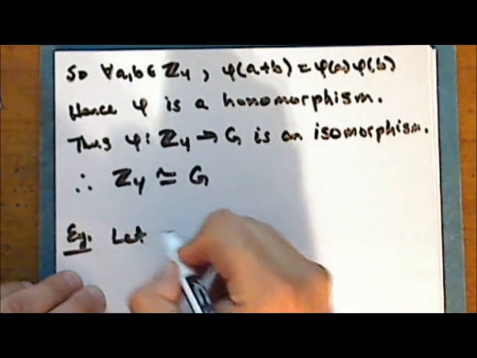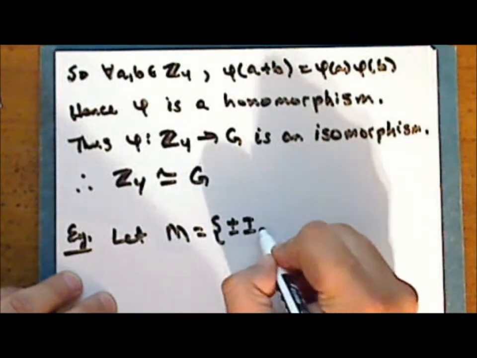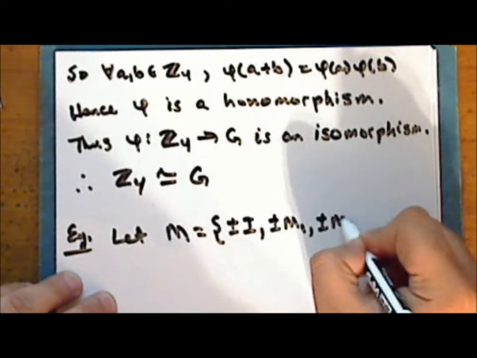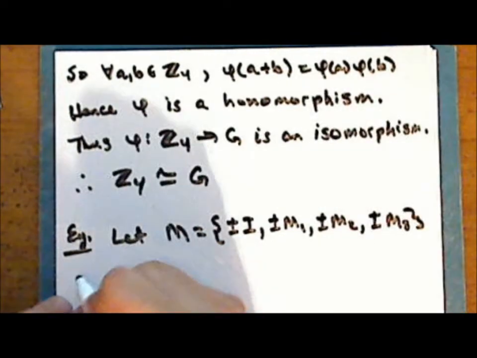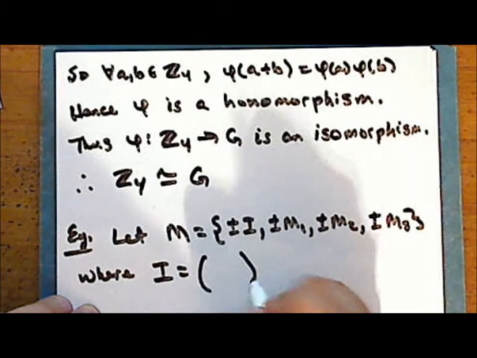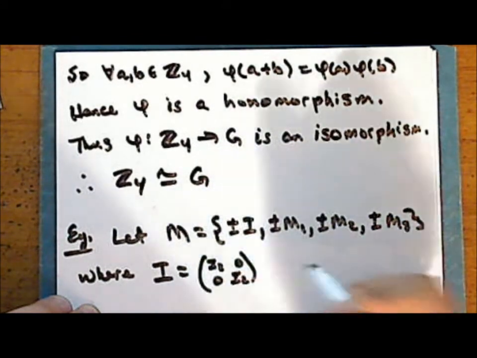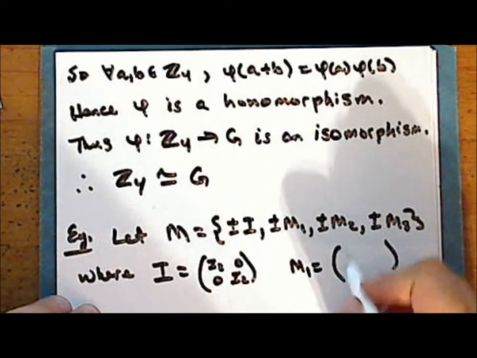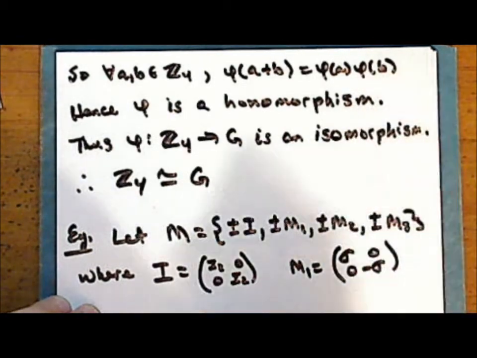So let the set M be the set which contains plus or minus I, plus or minus M sub 1, plus or minus M sub 2, and plus or minus M sub 3, where I is the matrix with entries I sub 2, 0, 0, I sub 2. M sub 1 is the matrix with entries sigma, 0, 0, negative sigma.